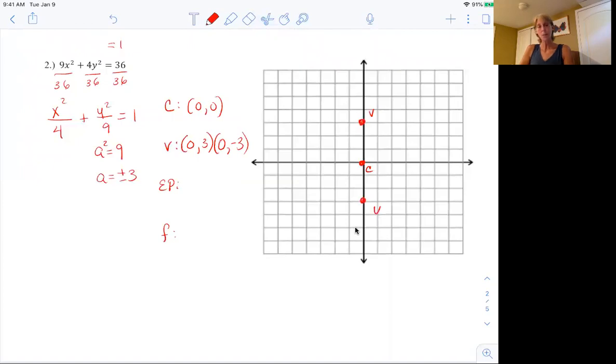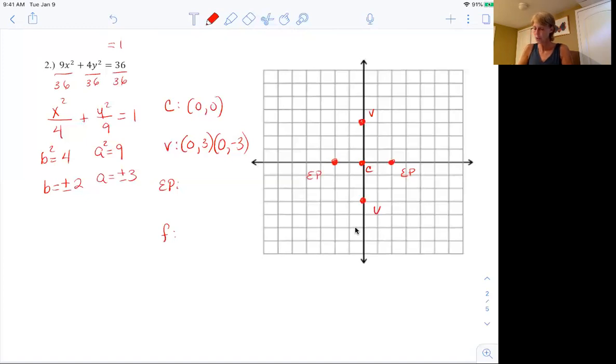Now I want my endpoints. My endpoints come from what's under the x term. I identify that as my b squared, so b is plus and minus 2. We're going to be moving on the x-axis this time. That's why I write it right underneath it, so I can't forget. Off the center, plus 2, in the opposite direction. Endpoint, endpoint.